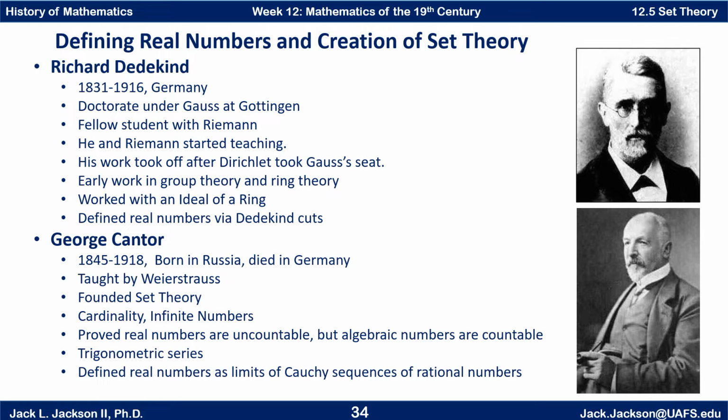Oftentimes the stage is set and the time is ripe for certain ideas to come forth, and sometimes even different people will find those ideas at the same time. For example, calculus was right there ready to be discovered, and Newton and Leibniz found that at the same time. What they did was fantastic and very important work, but it was ready for it.